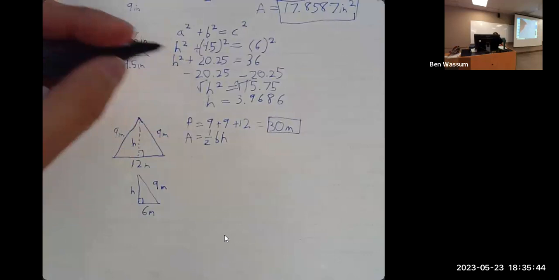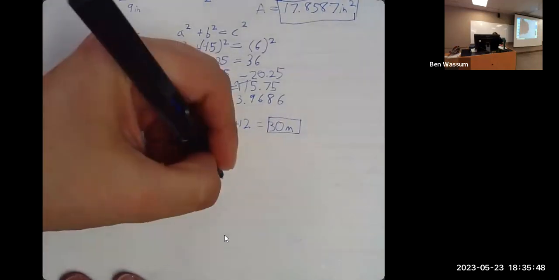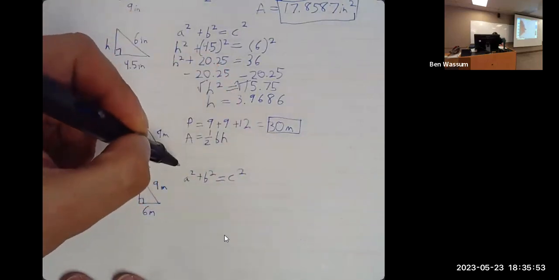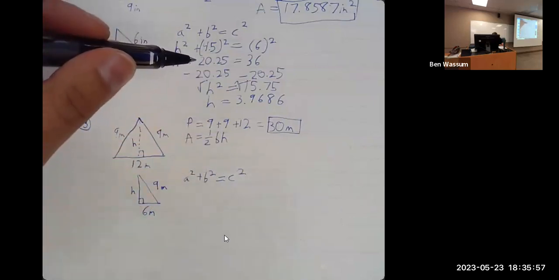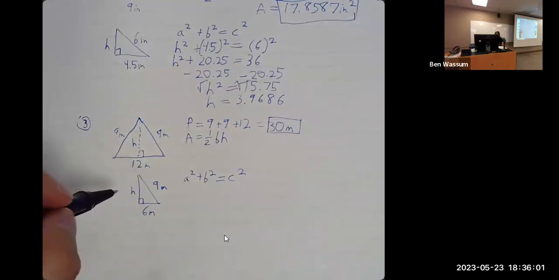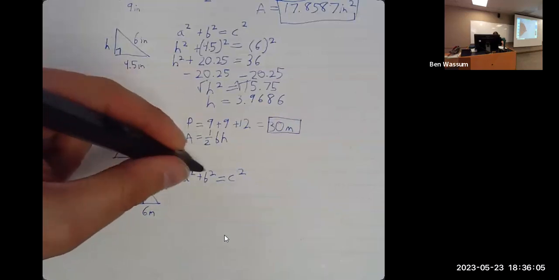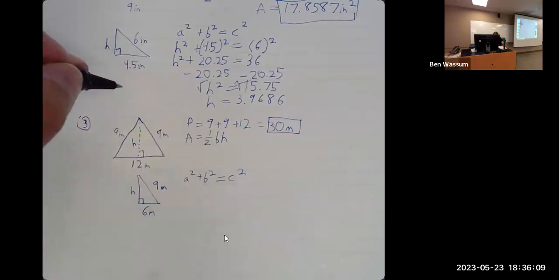The Pythagorean theorem, again, a squared plus b squared is equal to c squared. So it's the leg of the triangle squared plus the leg of the triangle squared is equal to the hypotenuse squared. So these guys are the legs, that one's the hypotenuse. Doesn't matter which leg is which, as long as we have them both in these spots and the hypotenuse in that spot.